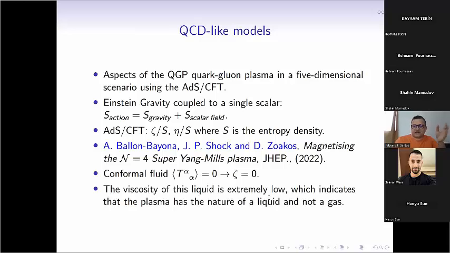We have a little disagreement, because from the point of view of the experiment, at least, this fluid or plasma has a low viscosity, and this low viscosity indicates that we have a liquid but not a gas.